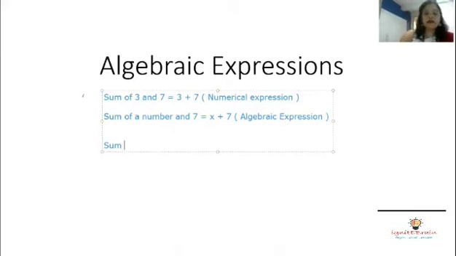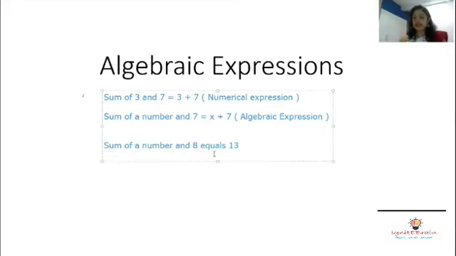If I say the sum of a number and 8 equals 13, how are we going to write it? In mathematical form, we can write it as x plus 8 is equal to 13.